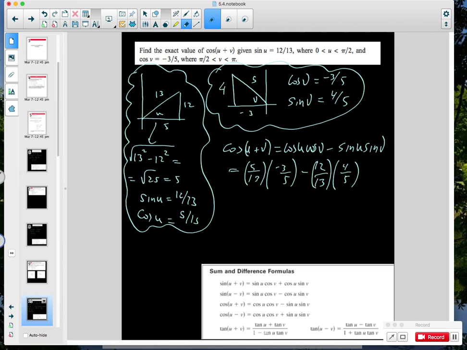Can you do this? So the bottom is 13 times 5, 65, and the top is negative 15 minus 48. So minus 63 over 65.